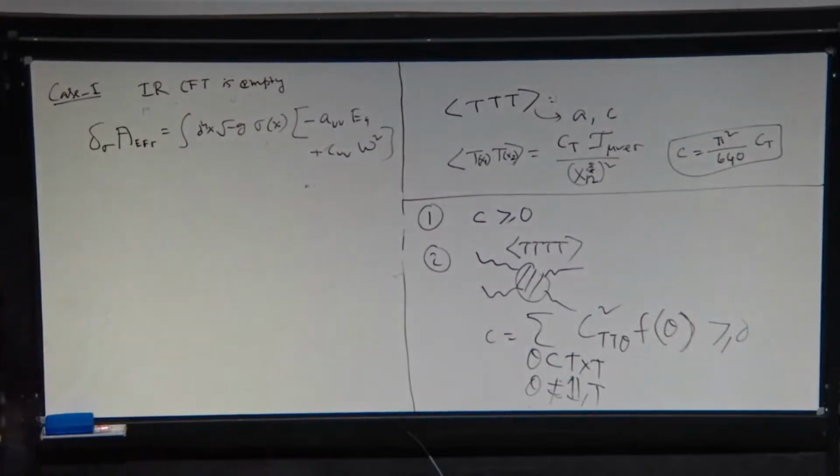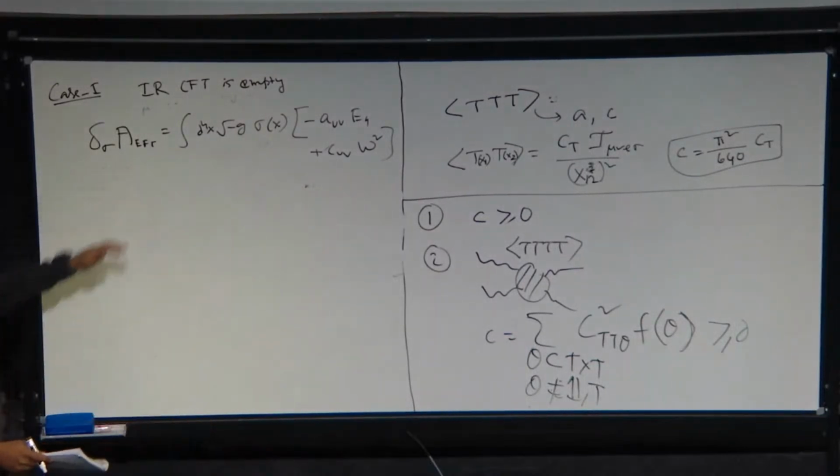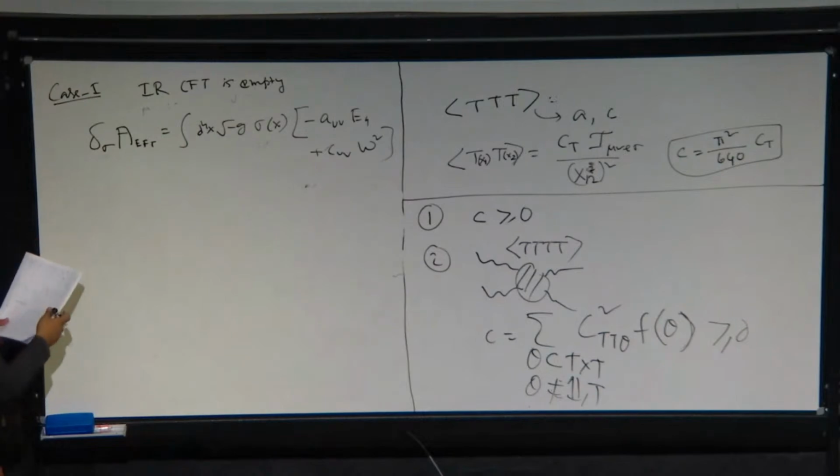And then one can use this Wess-Zumino kind of procedure to find the EFT action, generalizing this to finite Weyl transformation form.